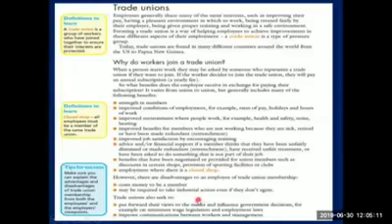Trade unions also seek to put forward their views to the media and influence government decisions, for example, on minimum wage legislation and employment laws. They improve communication between workers and management. They will put forward their views to the media and other important influence groups, government groups.